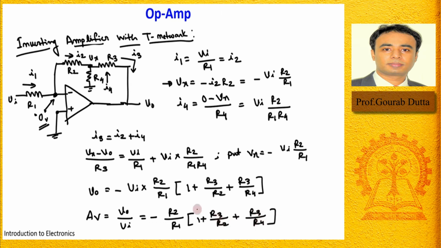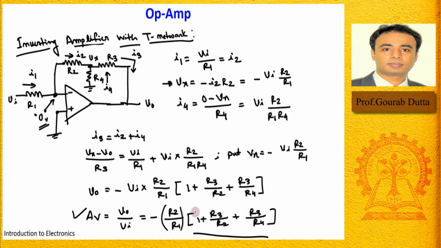So you can see here the gain for this type of inverting amplifier, where we have changed the feedback path by this T network, is minus R2 by R1 into this factor. So suppose you want to make the gain 100, then it is not only dependent on this R2 by R1, but on the multiplication of this with this factor, right?